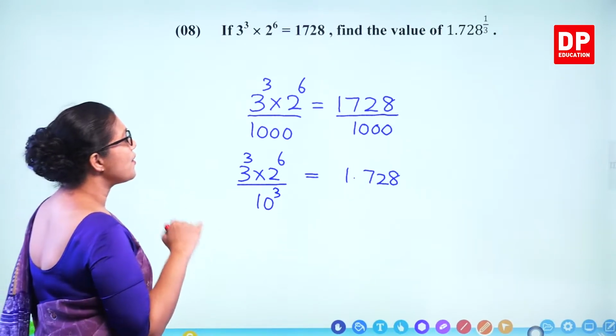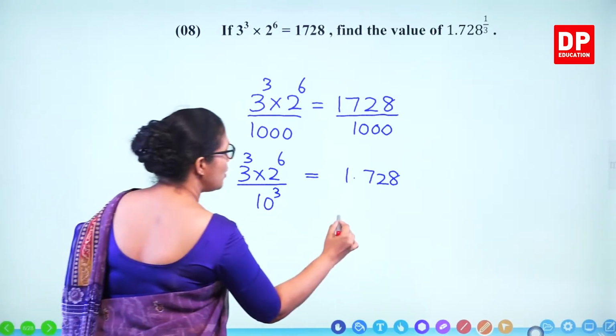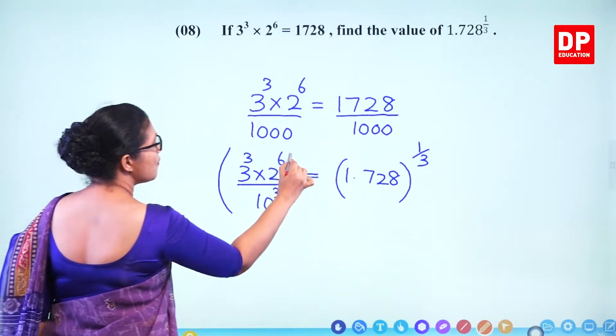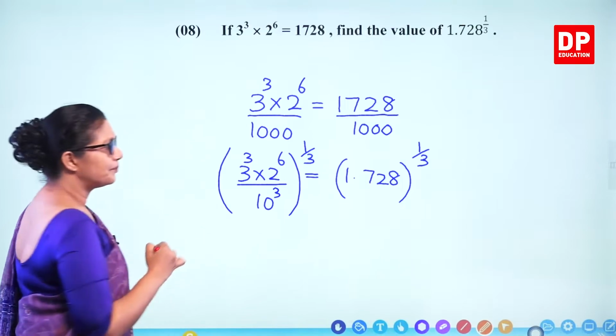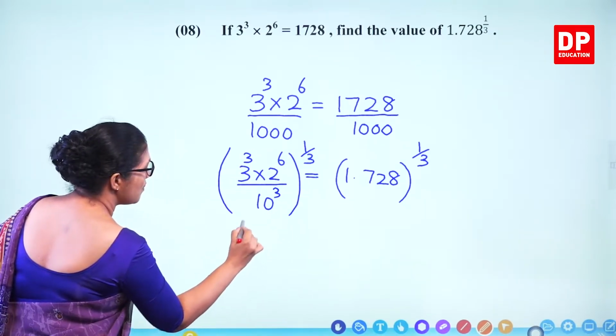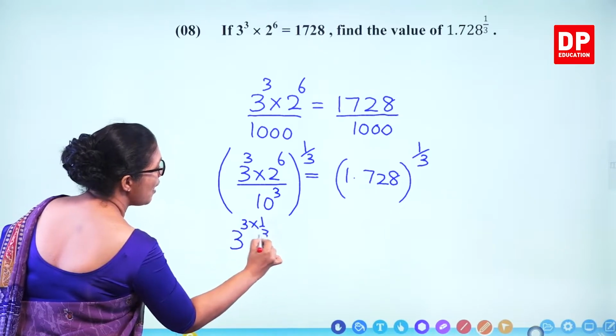Now you need the cube root, the power 1/3. So when you take 1/3 of this value, you have to take 1/3 for the other side as well. So each term's index you have to multiply by 1/3.